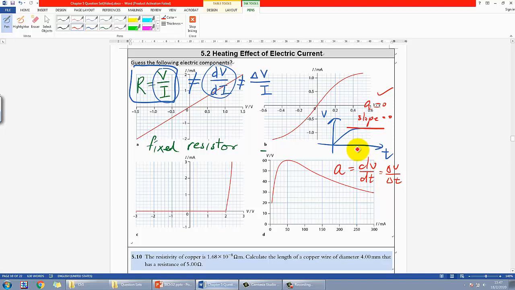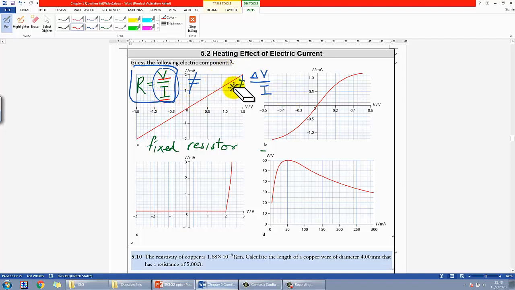But in the case of the circuit here, since we defined resistance simply as V over I, you cannot use the instantaneous slope. This is something you may want to bear in mind.